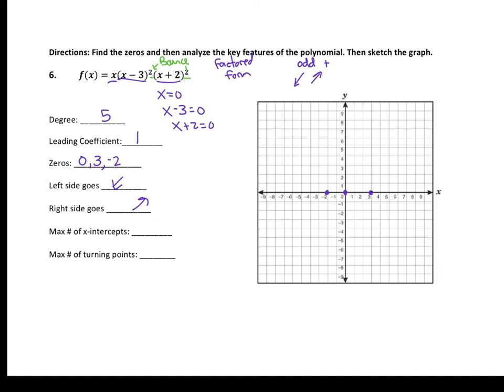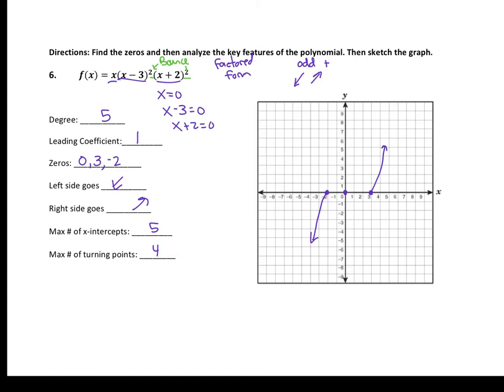Our maximum number of intercepts is going to be equal to the degree, and the maximum number of turning points is going to be 1 less than that. So now we know that the graph is going to go down as we go to the left, up as we go to the right.